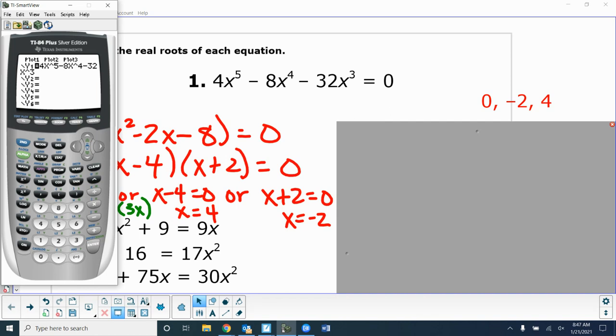I'm thinking it goes down through -2 and starts coming back up to the 0, and then it'll bend through the 0 and then come back down through the 4. How do I get to that again? Y equals. To graph any line, you have to hit the Y equals button.